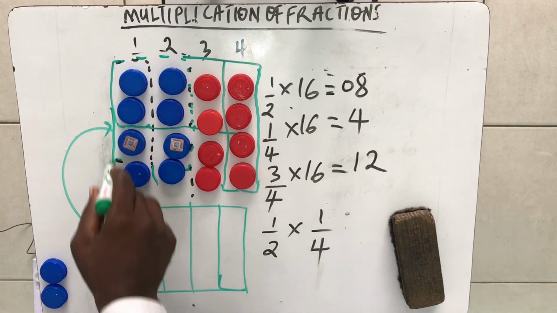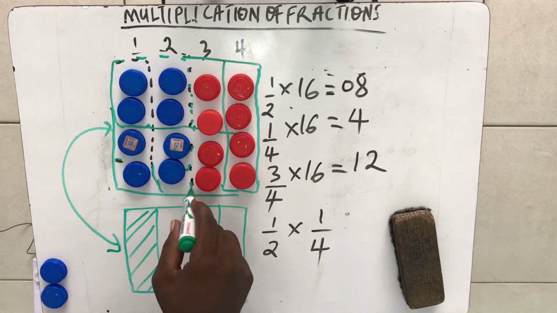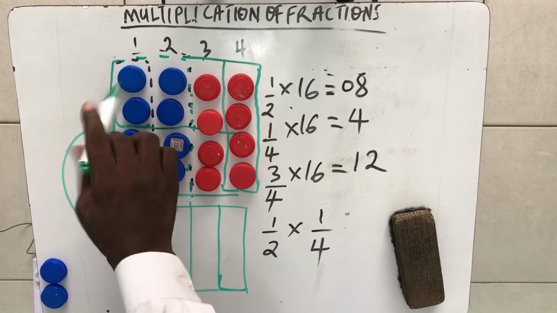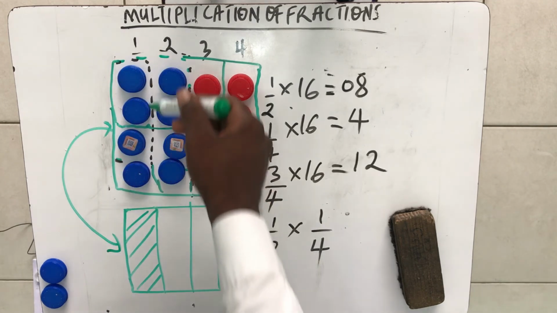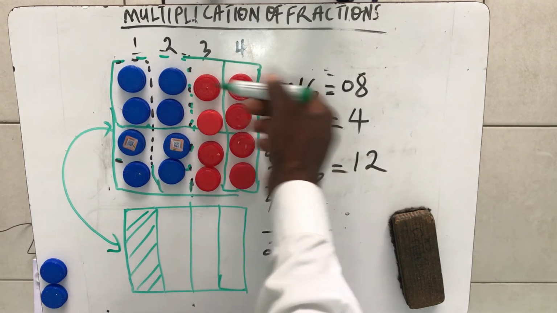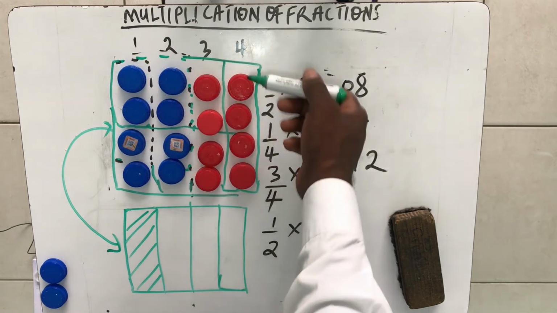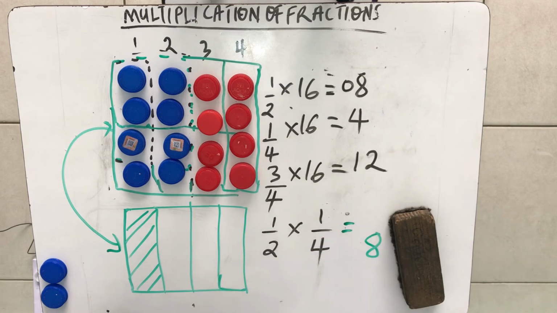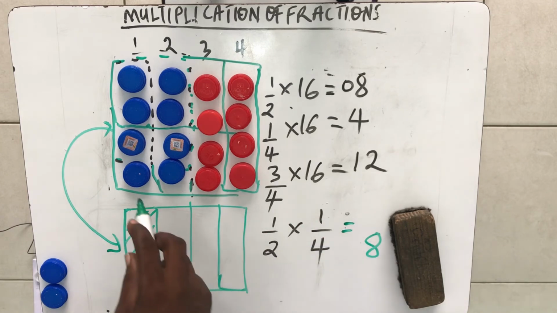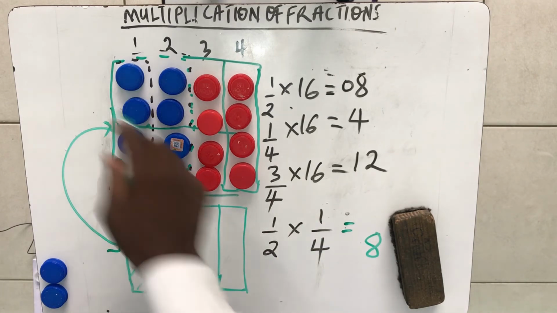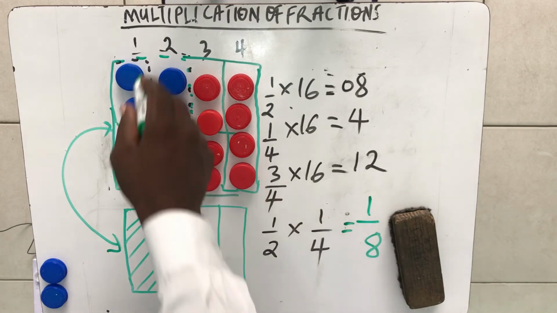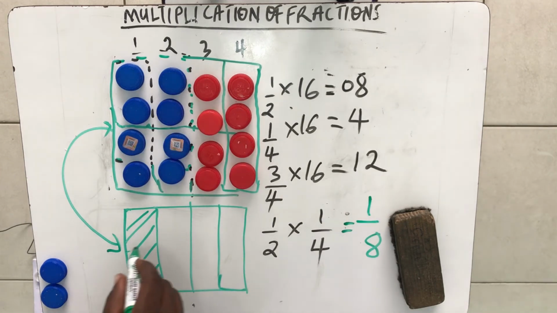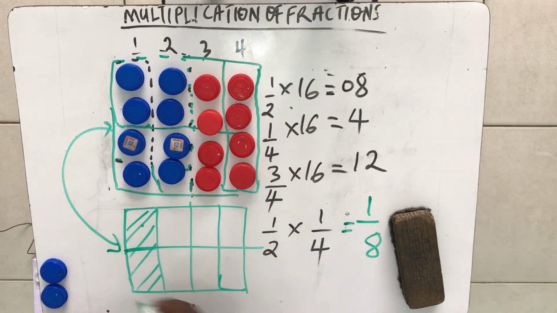That's going to be 2 out of 1, 2, 3, 4, 5, 6, 7, 8. So we have 8 total parts, and this is 1 out of the 8 total parts. So half of 1/4 is going to be 1 out of 8 total parts.